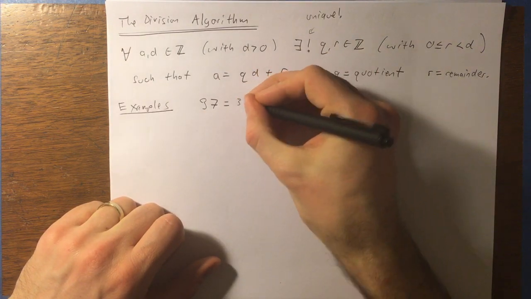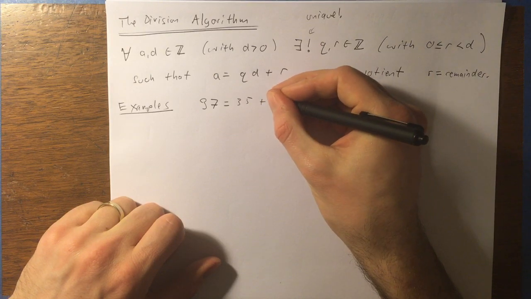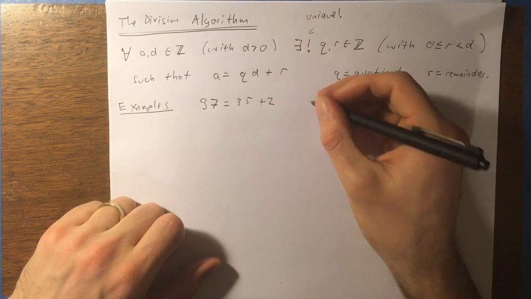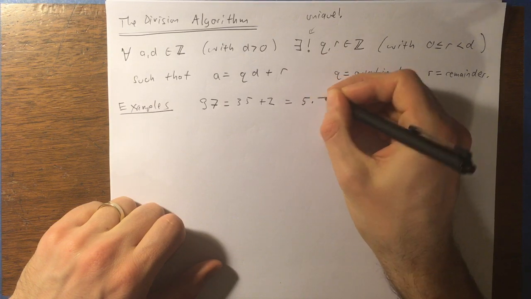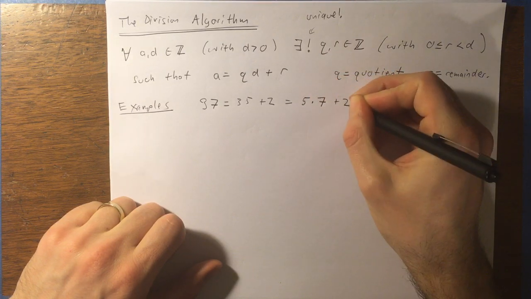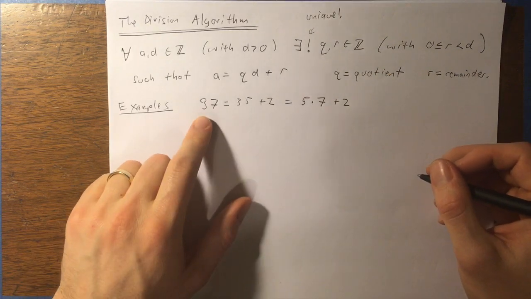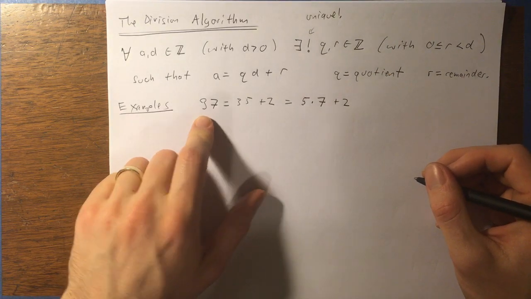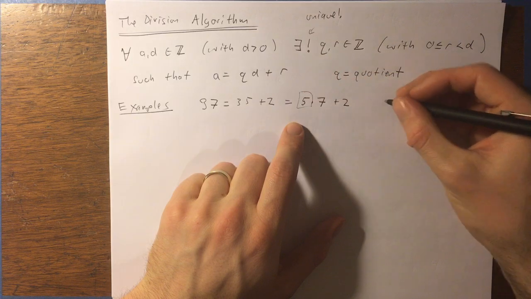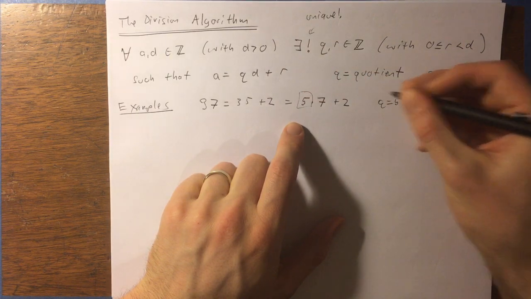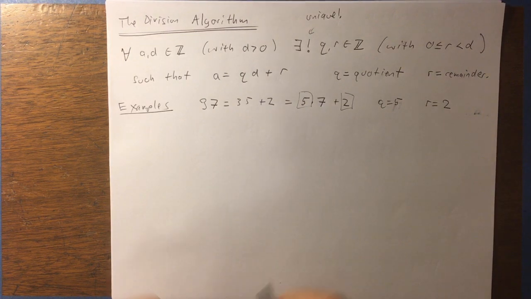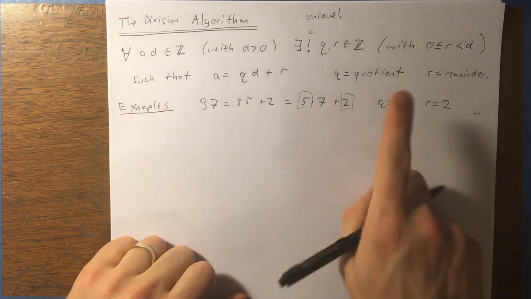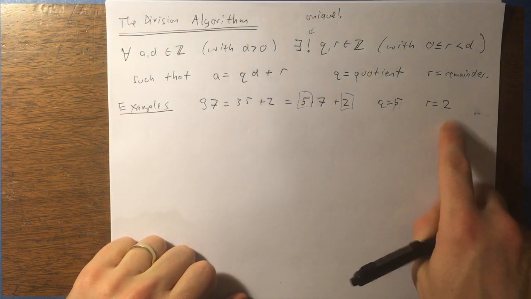So this is 35 plus 2, right? And we could write that as 5 times 7 plus 2. So in this case, when we did 37 divided by 7, we have a quotient of 5 and a remainder of 2, right? 7 goes into 37 5 times with a remainder of 2.